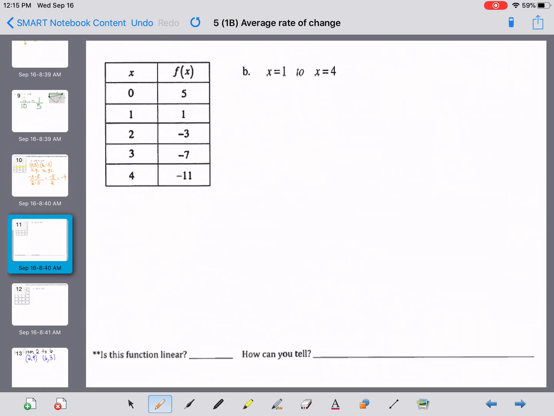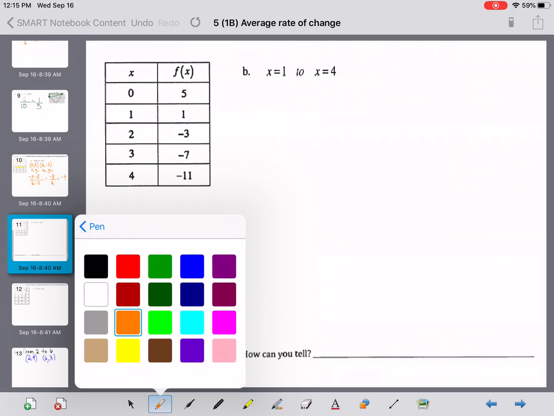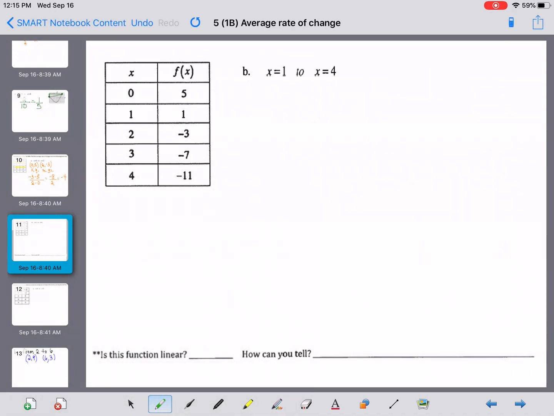If we look at part B, from x equals 1 to 4, we're going to be using this value and this value. So (1, 1) and (4, -11).